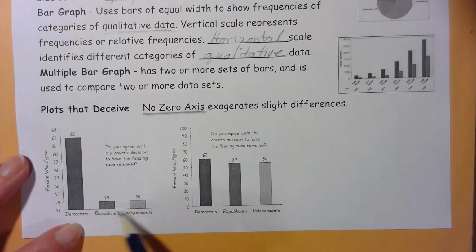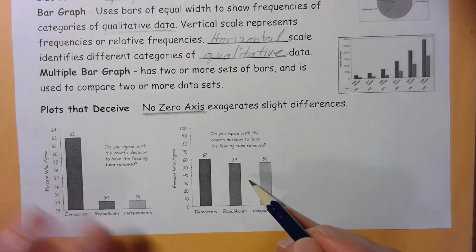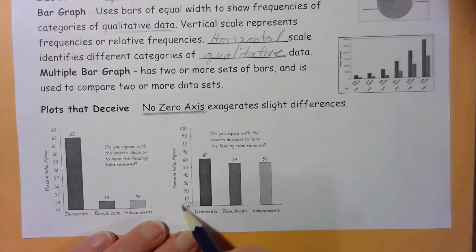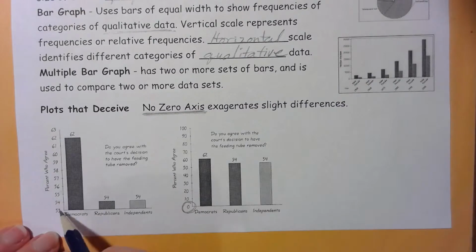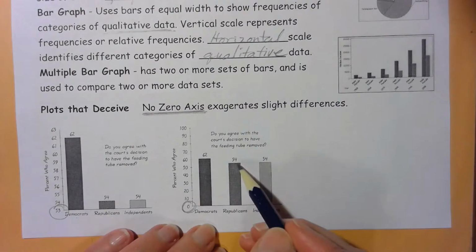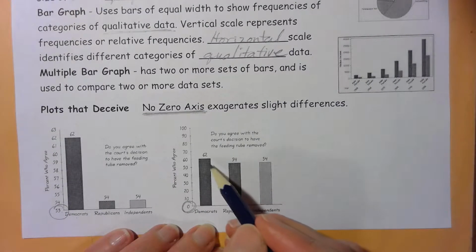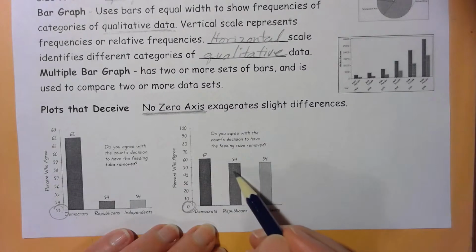But when you look more closely and really interpret the numbers here, that's not the case. When you look over here, this is a better graph because it has a zero axis. Whereas this one did not. So when you're looking at this, you can see that the difference between the responses from Democrats, Republicans, and Independents are not all that different.